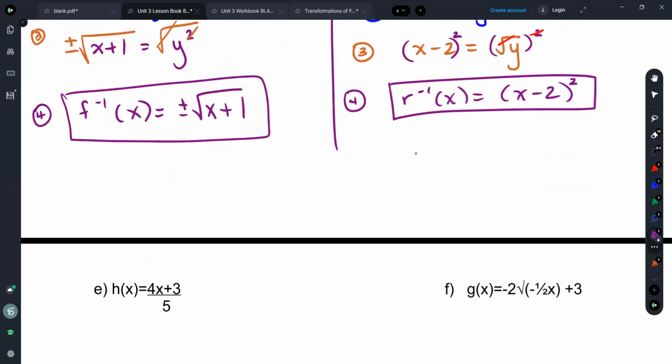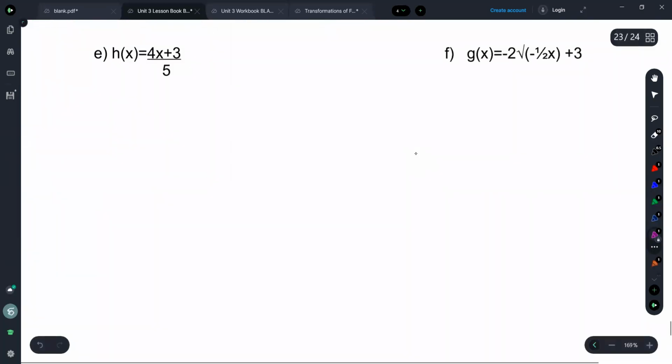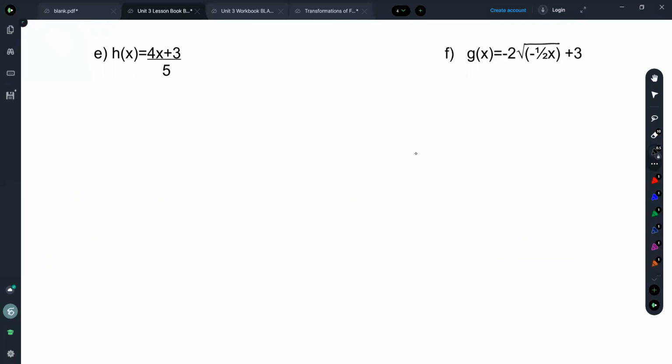Okay, I want you guys to try E and F, see if you can get the inverse functions of those ones. We're getting a little bit more complex here. So see what you can do with that. For F, the square root goes over everything up until the end of the bracket there. Okay, and I'll start putting up my answers in a couple seconds.